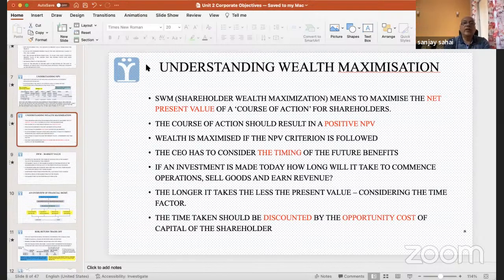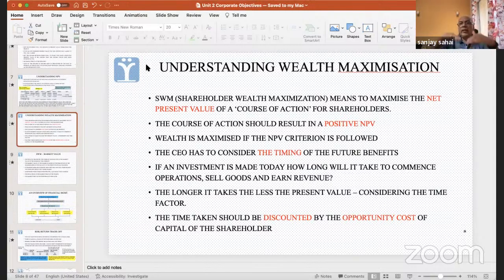So whatever you invest, if your actual production begins in the 3rd year, that means the first revenue that you will earn, the first sales that you will make, will be in year 3. That means whatever cash flow you're going to get, when you calculate the present value today, it will have to be discounted by a factor. Let's say I'm taking 10, so it will be 1.10 to the power 3.